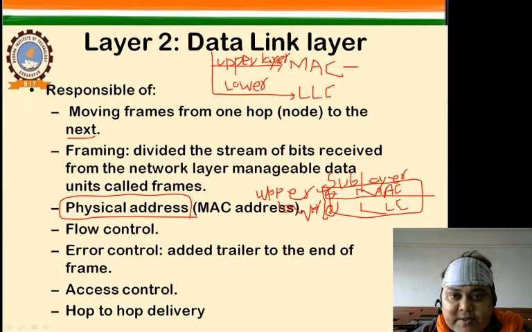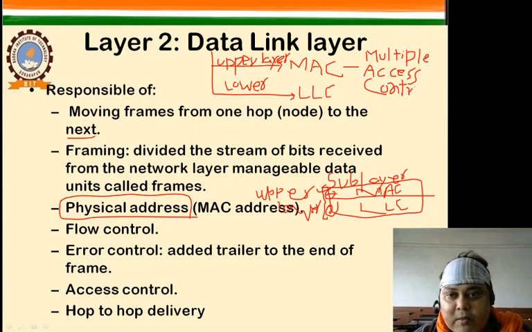Now this MAC is multiple access control layer. C stands for control.